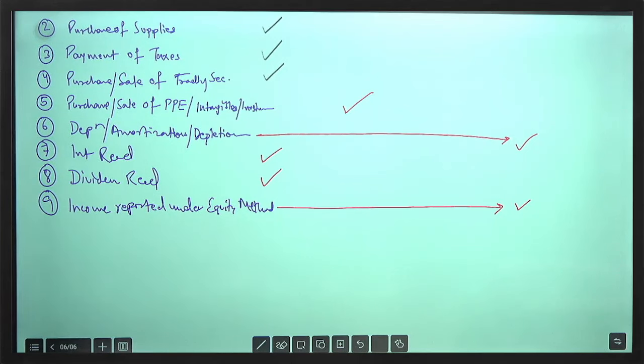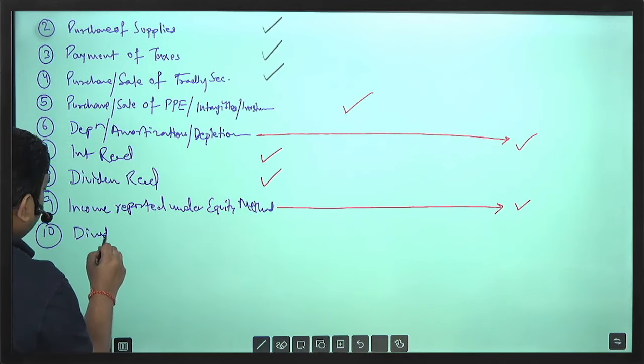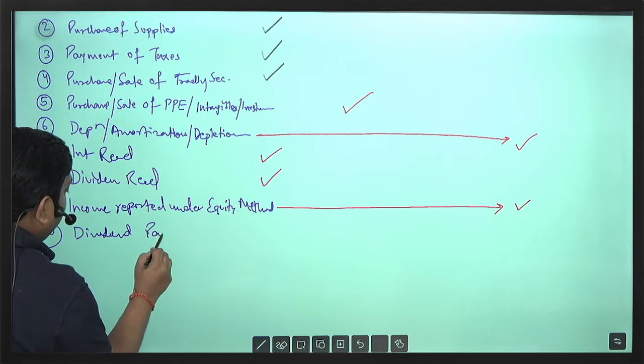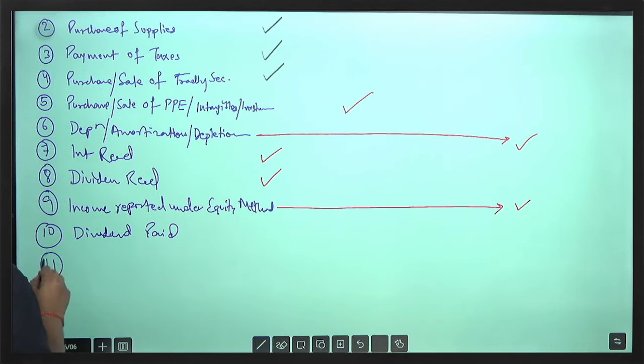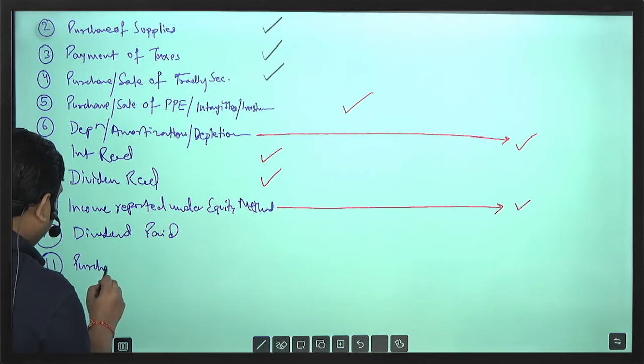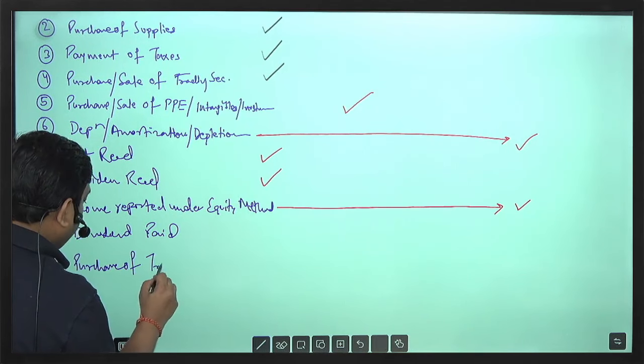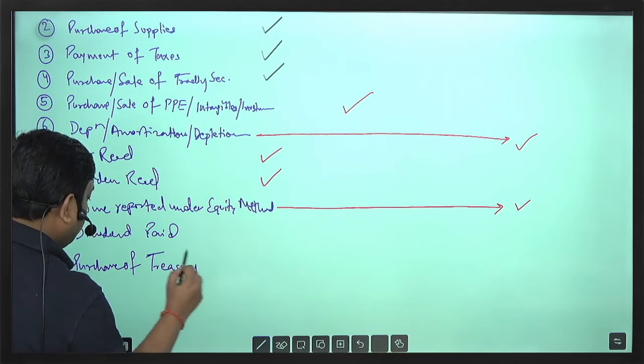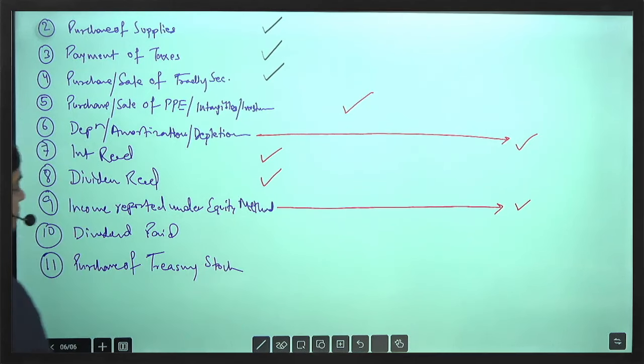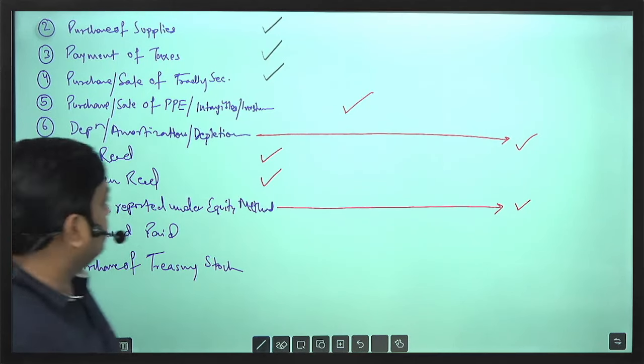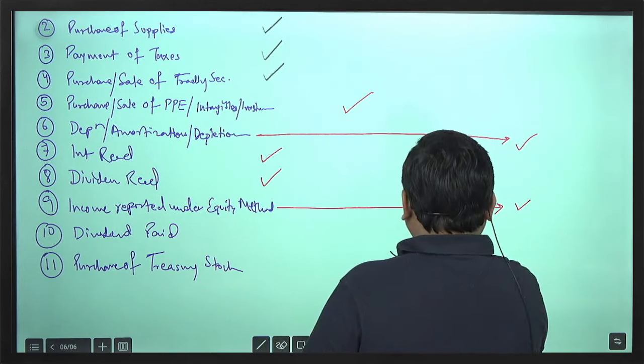Right? Then we have dividend paid, purchase of treasury stock. Both these activities will be what?